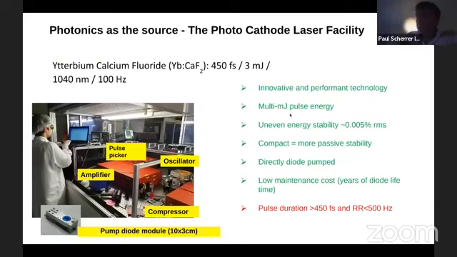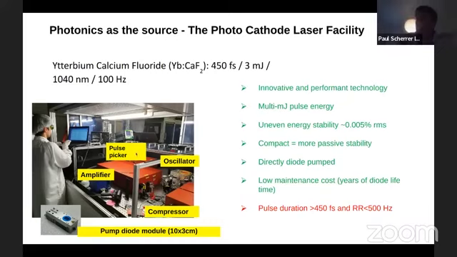This has to be an extremely reliable system that can run in an environment that is not accessible to the engineers as it's running, and we require extremely stable pulse energy, with the shot-to-shot intensity difference at 0.005 or less RMS.